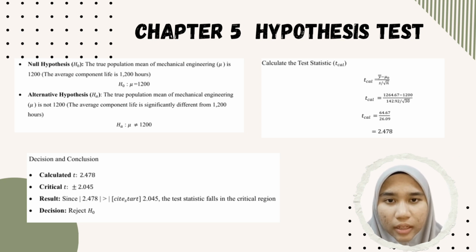In conclusion, there is sufficient evidence to state that the average lifespan of these components is significantly different from the 1,200 hours specification stated by the manufacturer. In fact, the data shows that this component lasts longer, with an average of 1,264.67 hours.